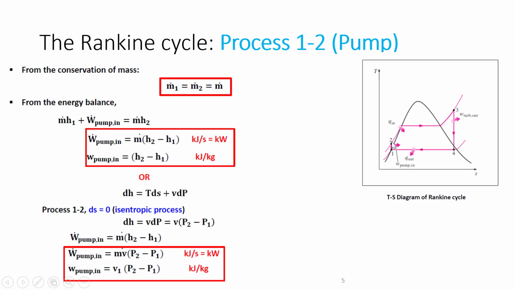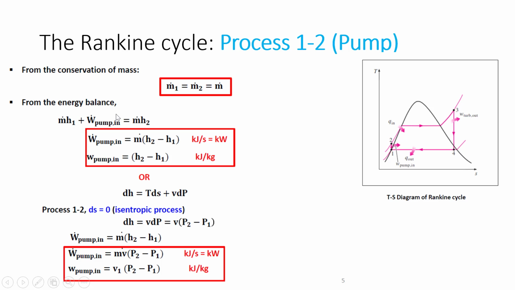When the energy is the same, it becomes an energy balance. So what energy do we have at point 1? We have internal energy, and then we have the energy from the pump, W pump in, equal to the internal energy at point 2, H2.